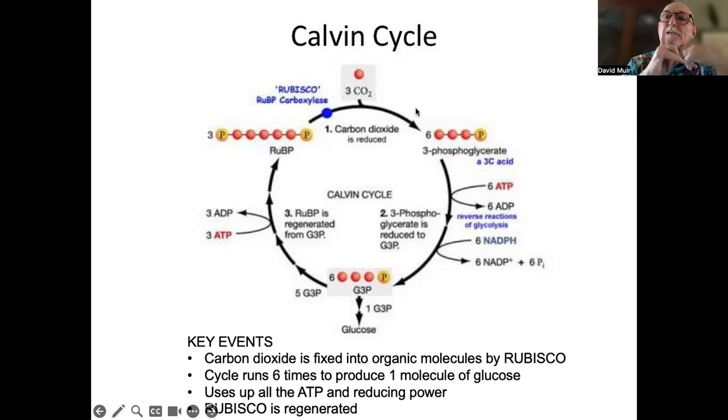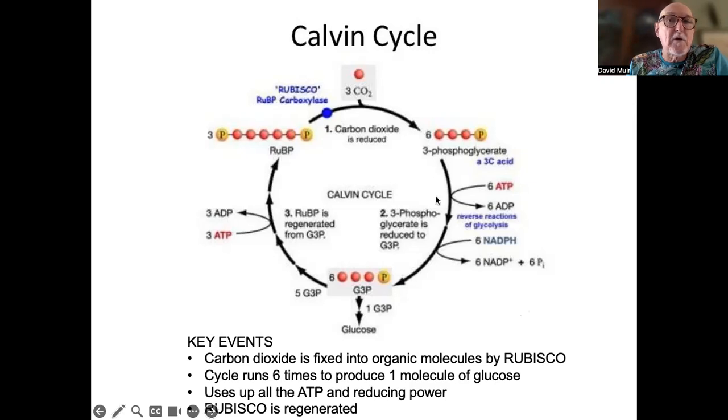How many carbons does carbon dioxide have? It has 1. If I run it 6 times, theoretically, I can end up with a 6-carbon compound. What is the first 6-carbon compound that springs to mind? Glucose. That is the point of this whole cycle. We're going to end up producing a molecule of glucose.